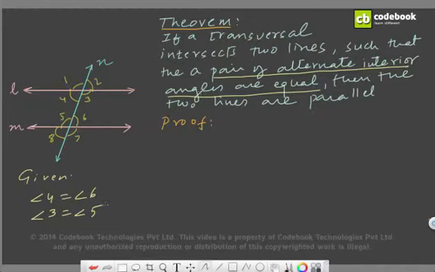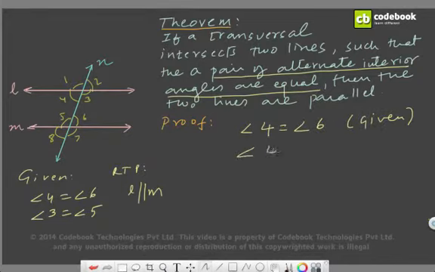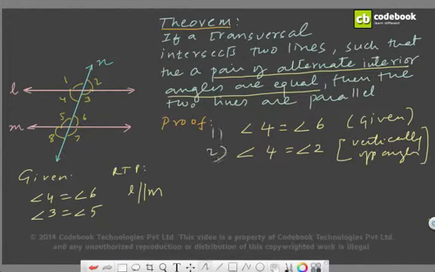We have to prove L is parallel to M, and the proof goes as follows. We know that angle 4 is equal to angle 6. This is given, but we also know angle 4 is equal to angle 2 by the definition of vertically opposite angles. So from 1 and 2, we can say that angle 2 is equal to angle 6.